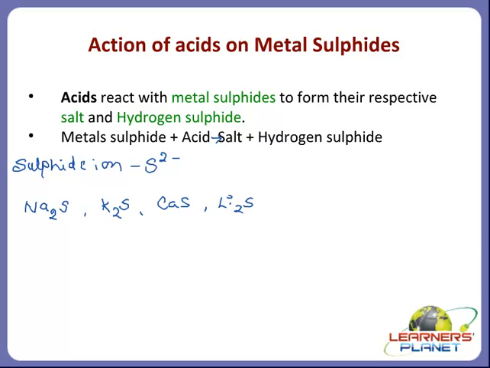Right, students? So when these metal sulfides react with acid, what will they form? They'll form salt and hydrogen sulfide. Say I'm taking this metal sulfide Na2S. Now this Na2S will dissociate, forming what? 2Na plus and S2 minus.